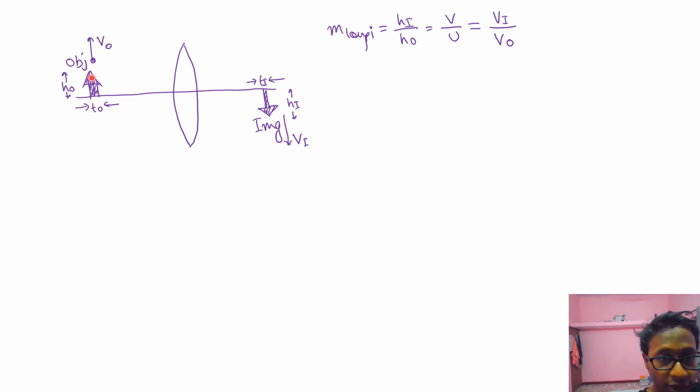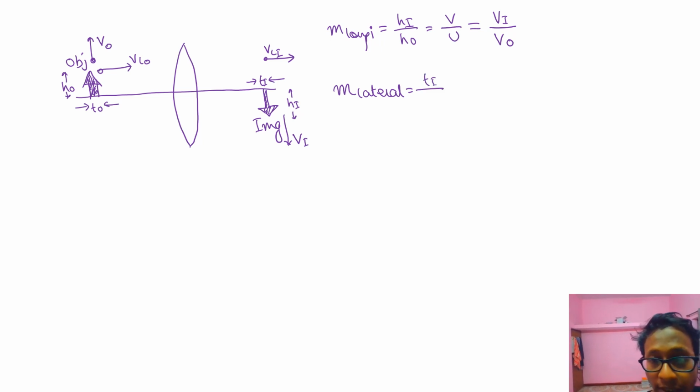Now instead of moving vertically, suppose this object was moving along the axis. If the velocity of the object is along the axis, this is the lateral velocity of object, then the image will also move in the lateral direction, in the same direction as the object. So here, magnification lateral is equal to thickness of image by thickness of object, which is equal to v square by u square, which is equal to lateral velocity of image by lateral velocity of object.